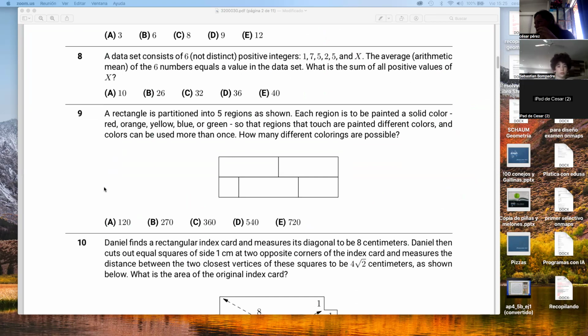What is the sum of? Do you understand this problem? Sí. Okay.